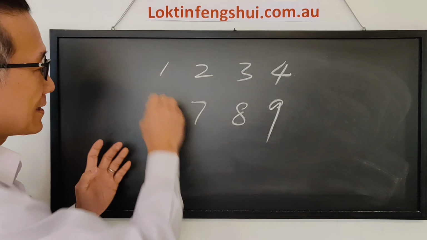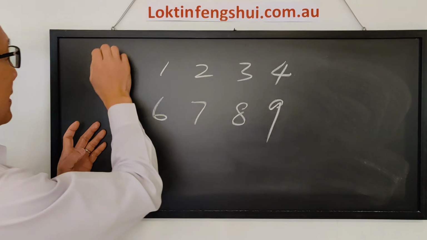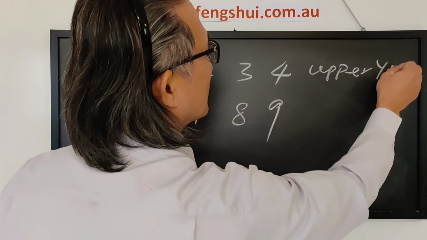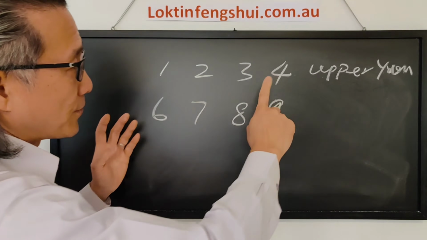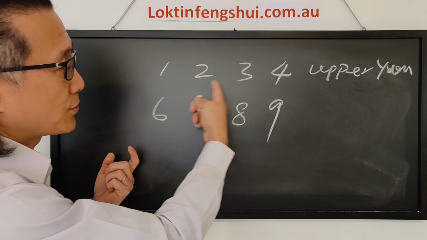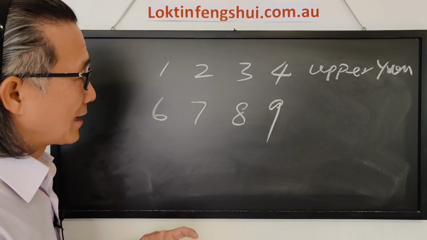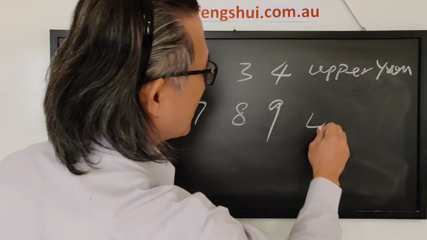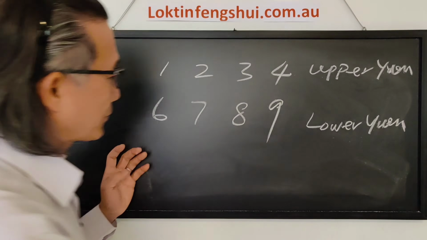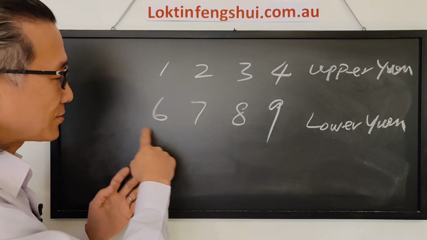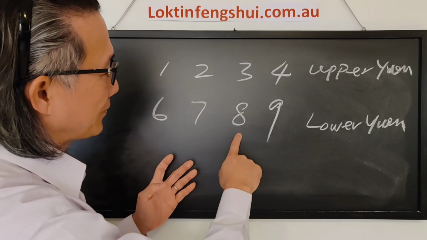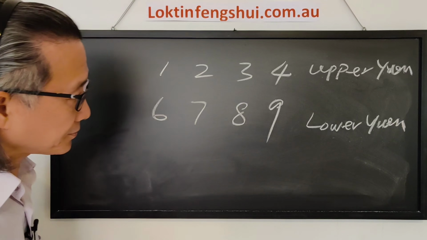So let's say this is the upper Yuen. The upper Yuen means you are in either period 1, 2, 3 or 4. And this is the lower Yuen, meaning we are in either period 6, 7, 8 or 9.